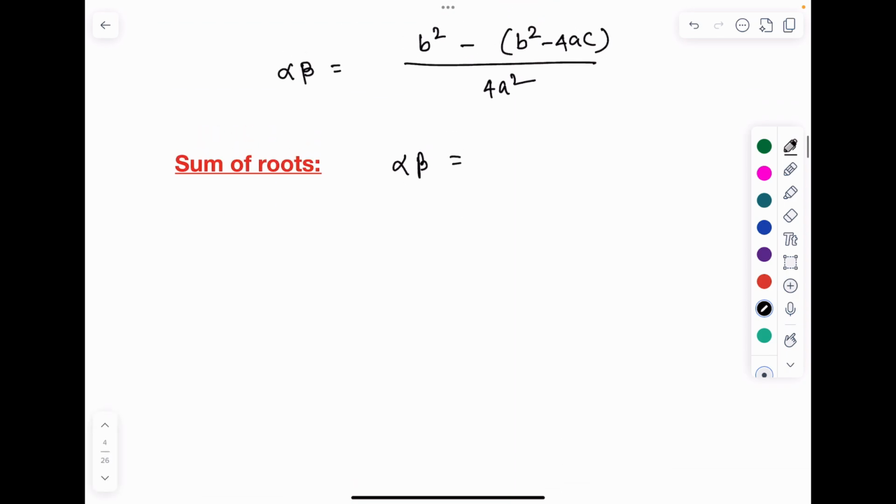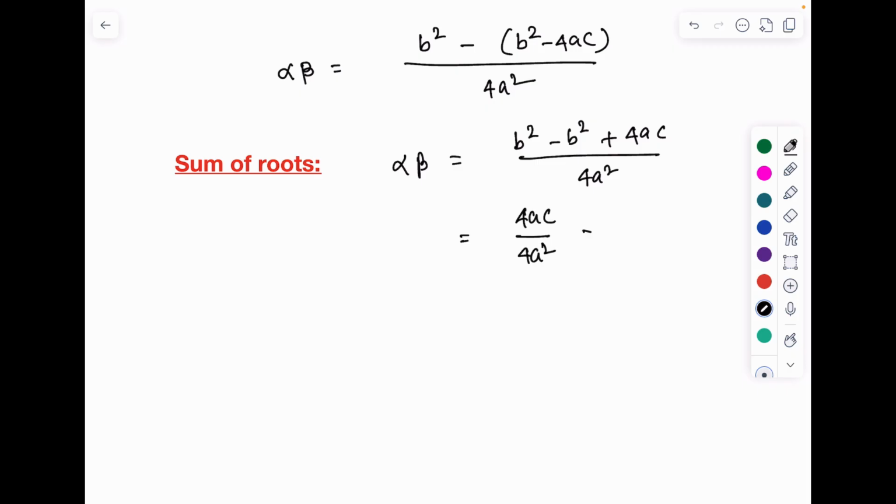So alpha beta is equal to b square minus b square plus 4ac by 4a square, that is equal to 4ac by 4a square, which is equal to c by a. This is the product of the roots.